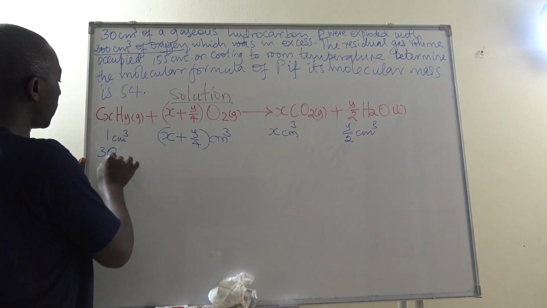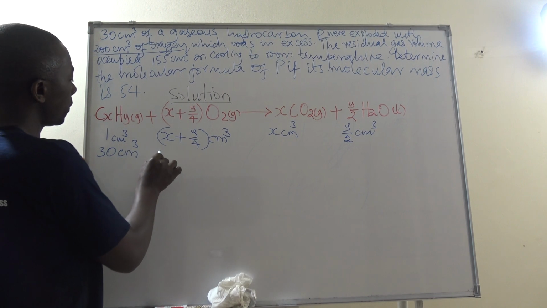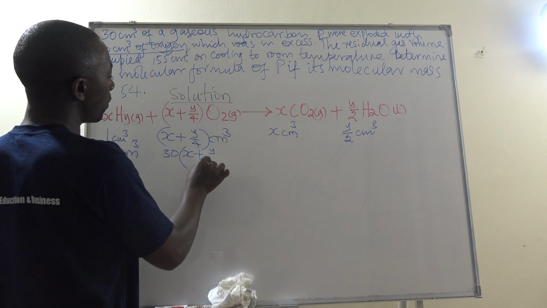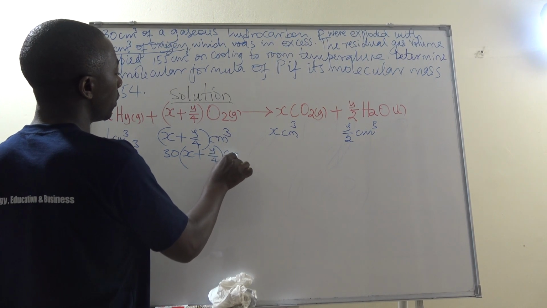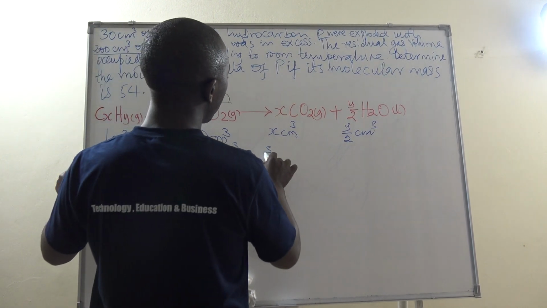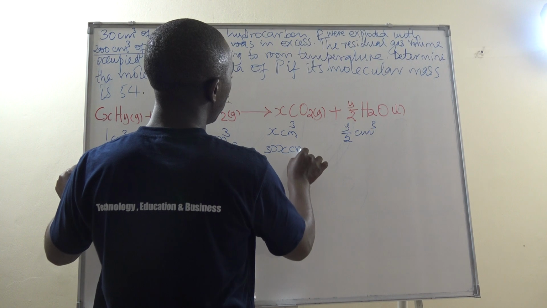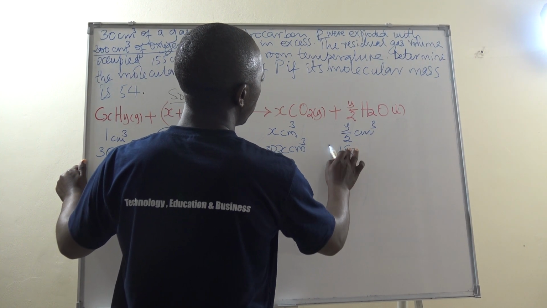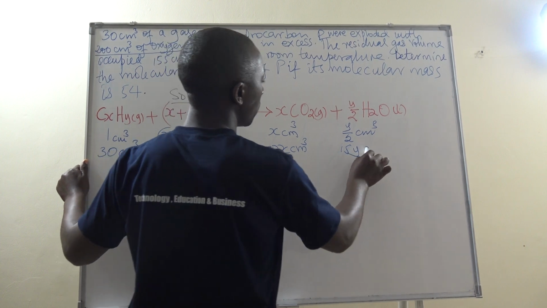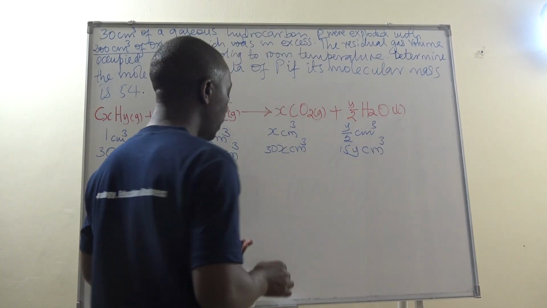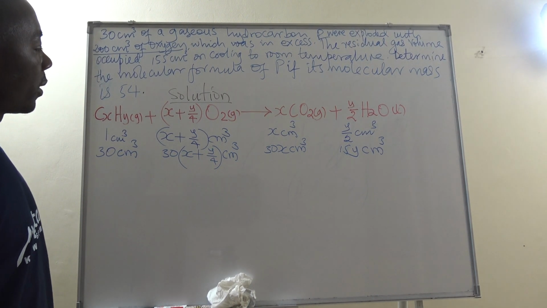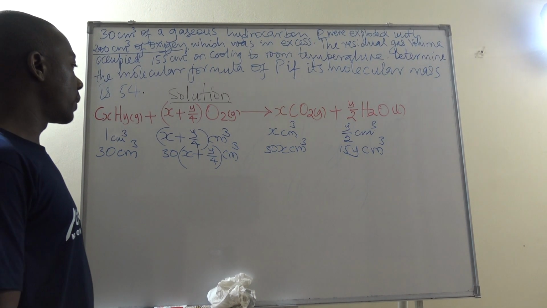So this will give us 30 cubic centimeters, and this is 30 into brackets x plus y over 4 cubic centimeters. This is 30x cubic centimeters. This is 15y cubic centimeters. That is when we multiply through by 30 cubic centimeters.